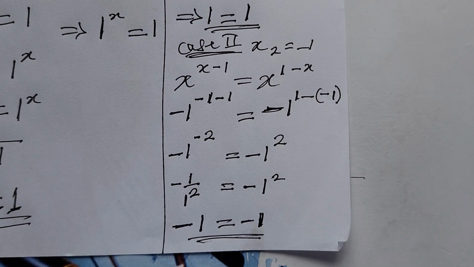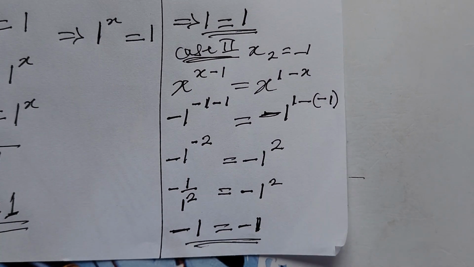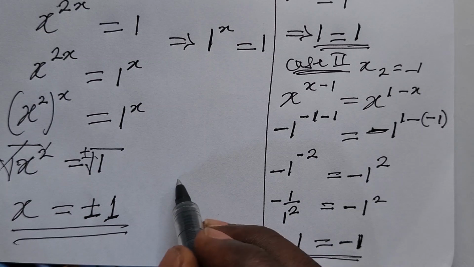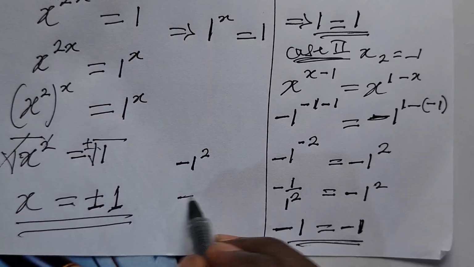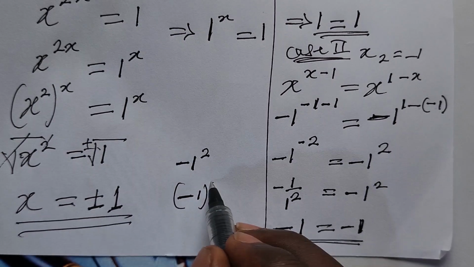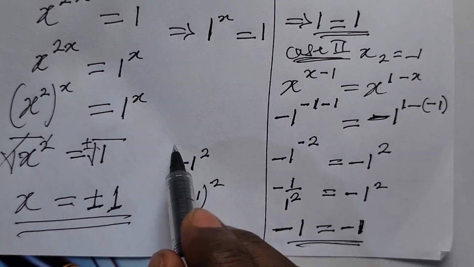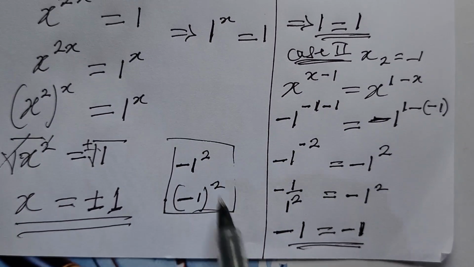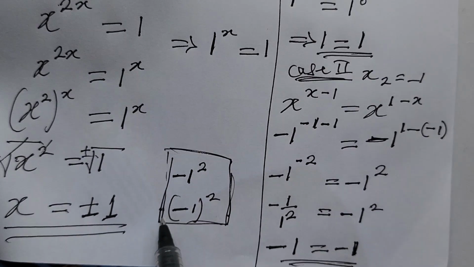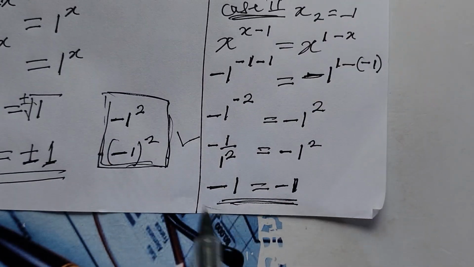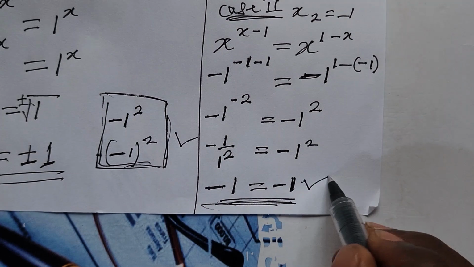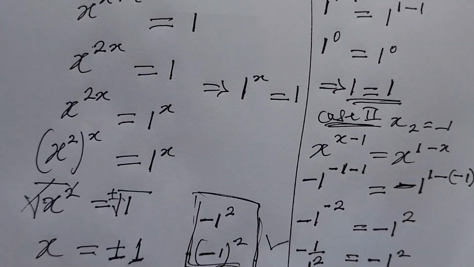I know many persons will ask questions here. There's a difference between minus 1 to the power of 2 and minus 1 in bracket to the power of 2. These two expressions are entirely different. So this shows that our roots are correct.